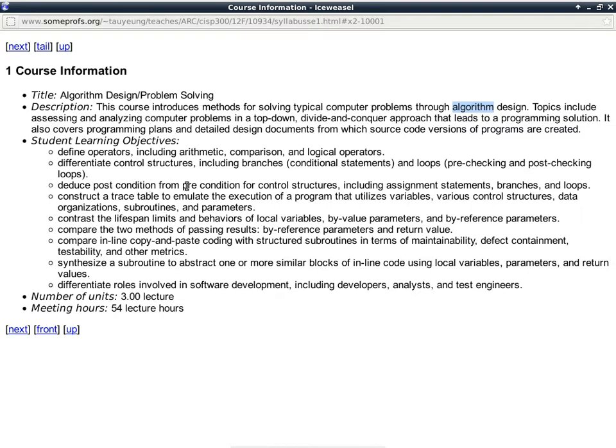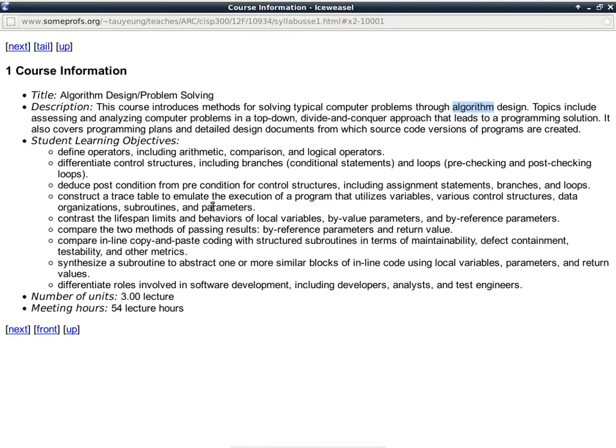Deduce post-condition from preconditions. You will be able to do it right after the final exam, but not 2 days after that. You would have forgotten that stuff completely 2 days after the final exam because most people hate that stuff. But it is important.